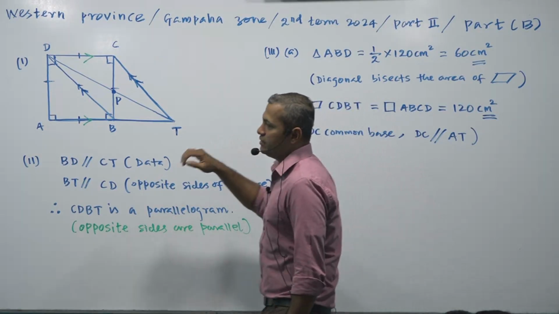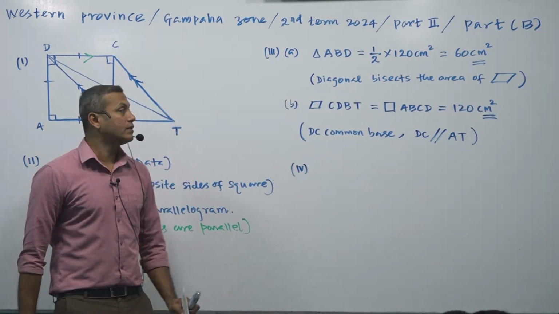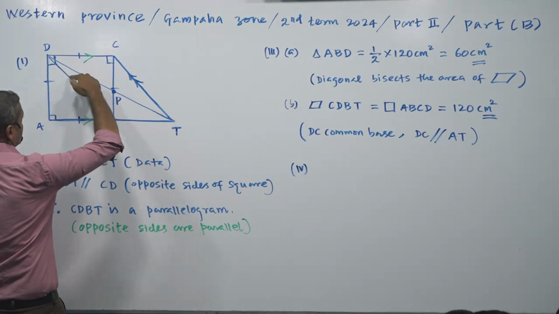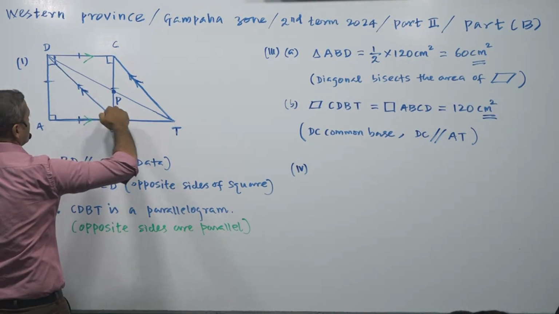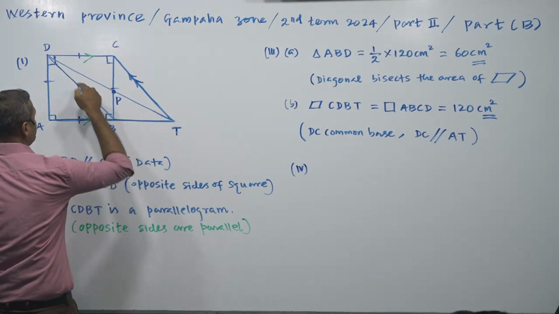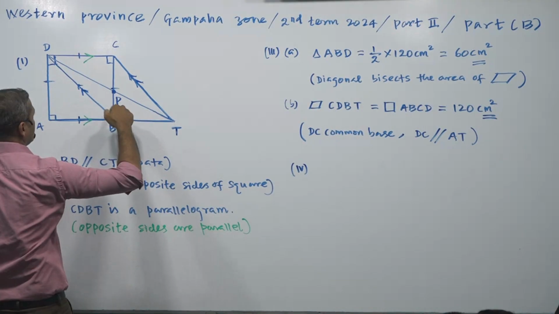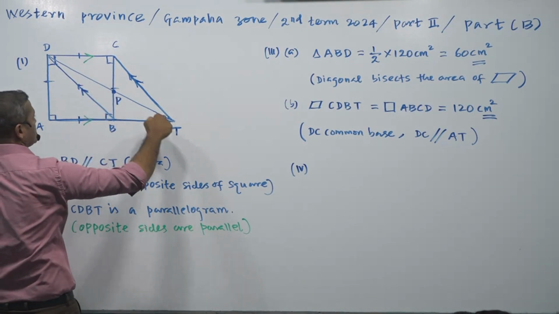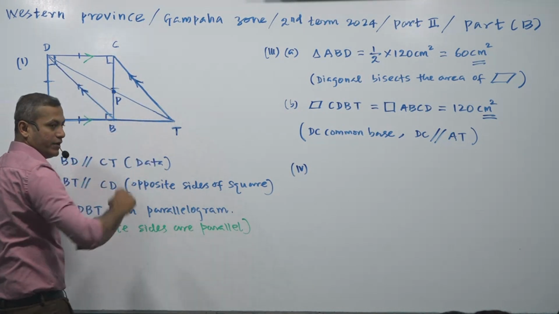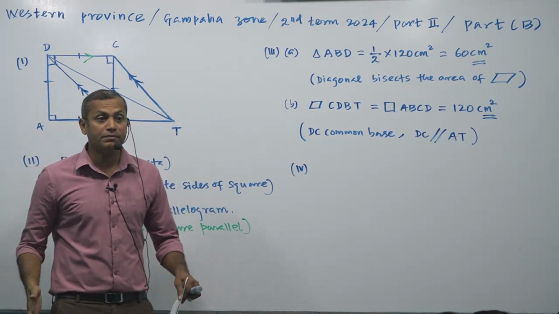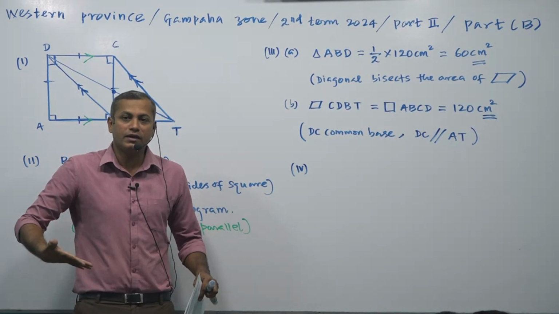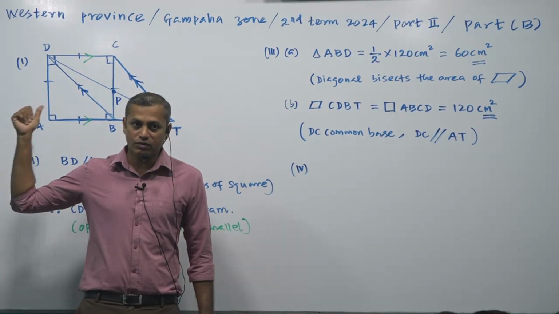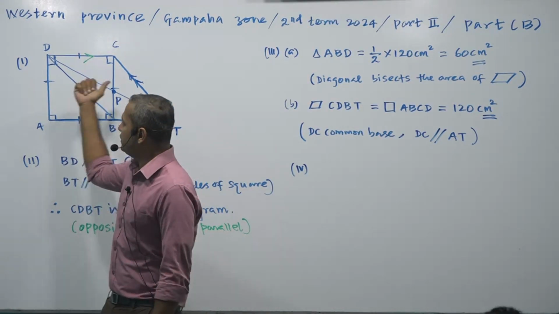See, again look from top to bottom. Common base is this. We have a triangle drawn with vertex B, then BCD is equal to what? TCD, yes or no? Or CDT. You agree? They are with the same base and they are within the same pair of parallel lines. Look from top to bottom. Common base, what is the common base? CD or DC.